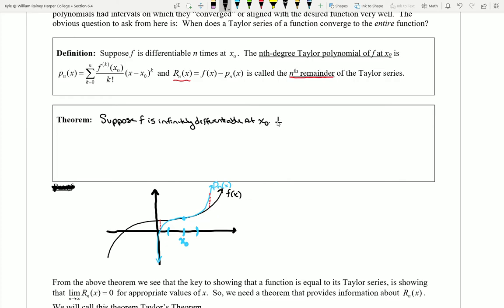Well, then we can also say that if f of x is defined as p sub n of x, my blue polynomial, kind of just plus all of my remainders. Notice that this is just a rework of the statement that we had up here if I added p sub n of x to the other side. Okay.